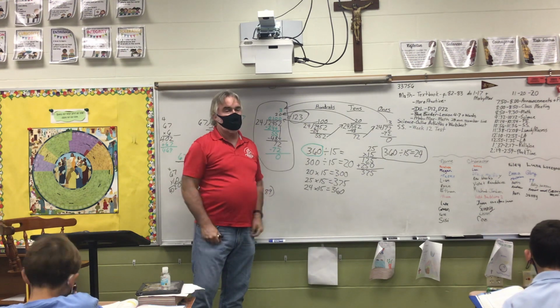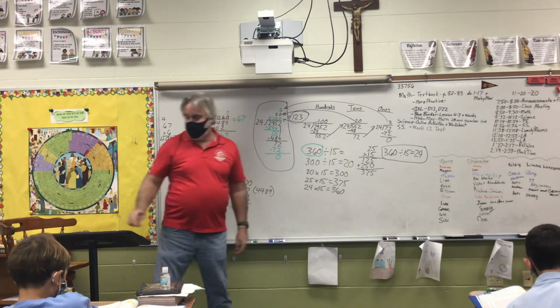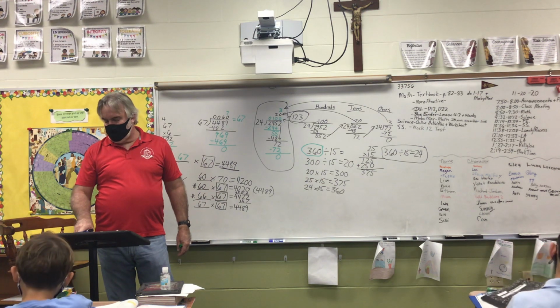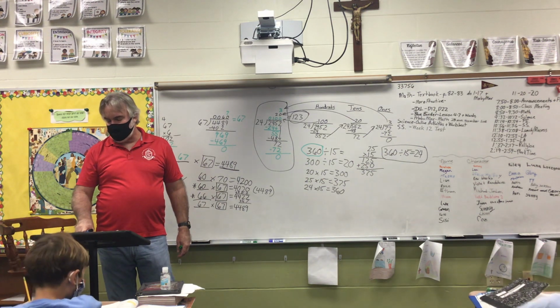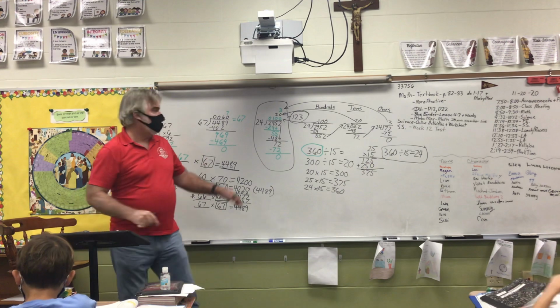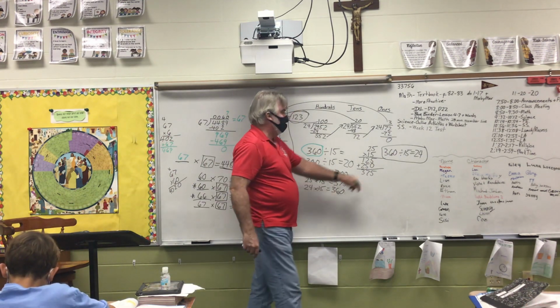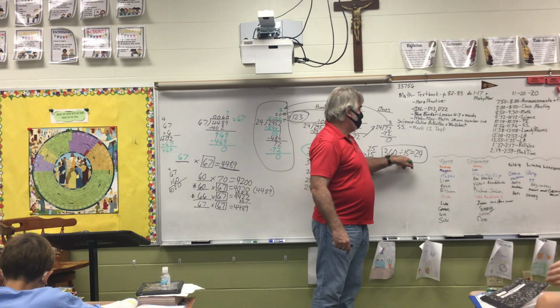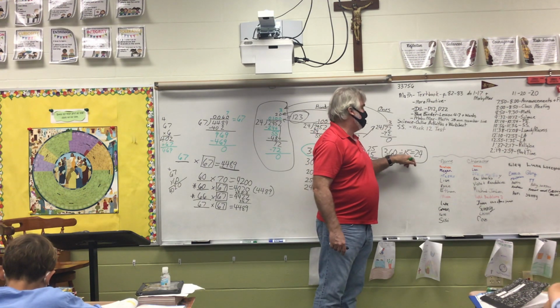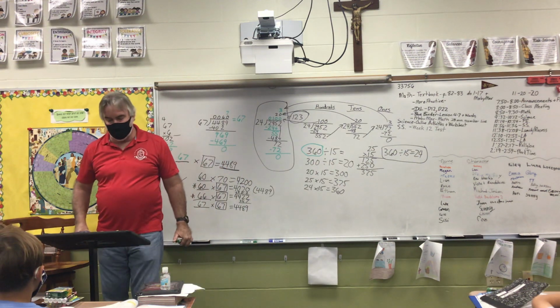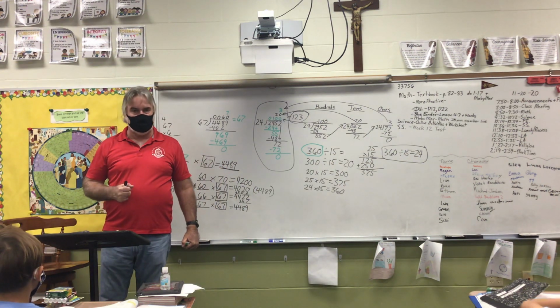Yes. Continue until the product is 360. Once you get 360 here, stop. Then we know that 360 divided by 15 equals 24. That's how they are using the second strategy.